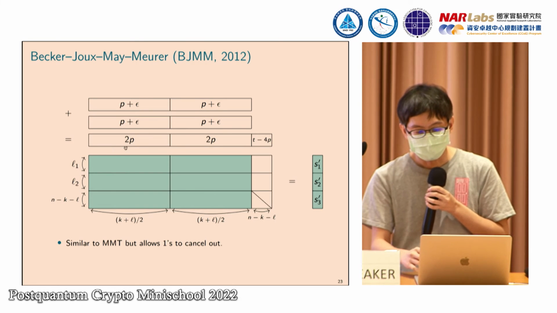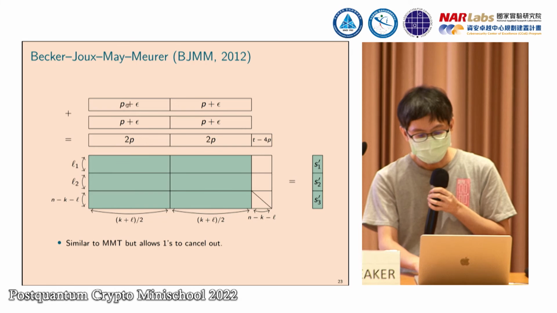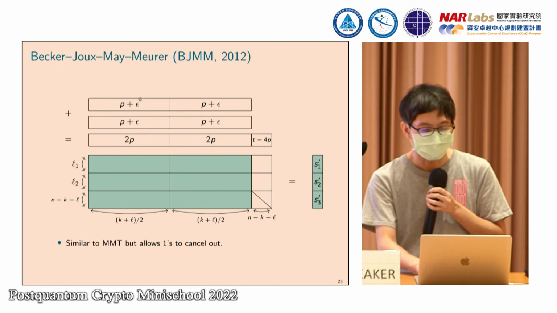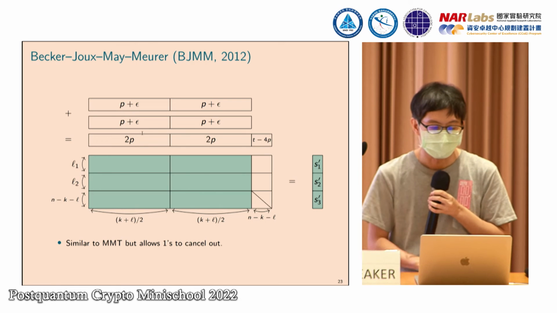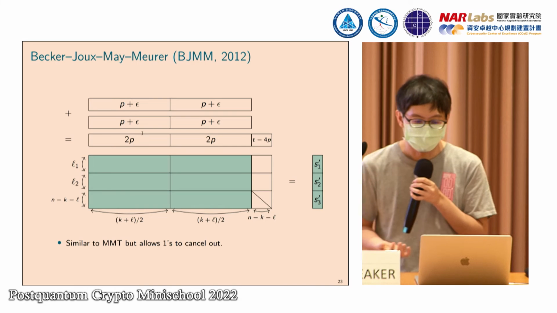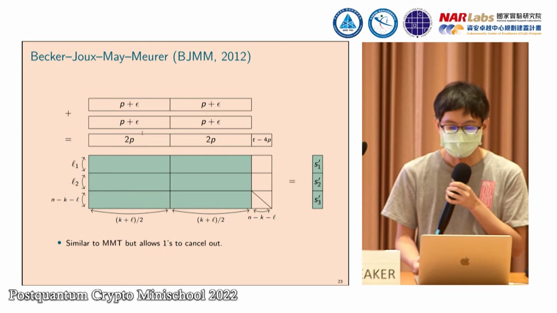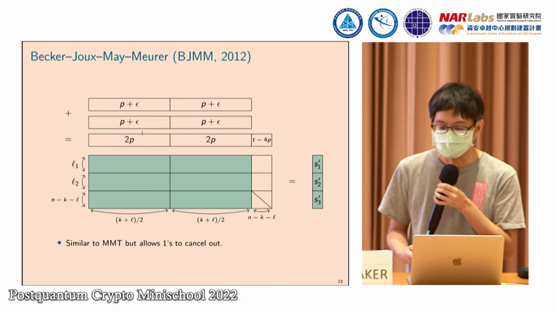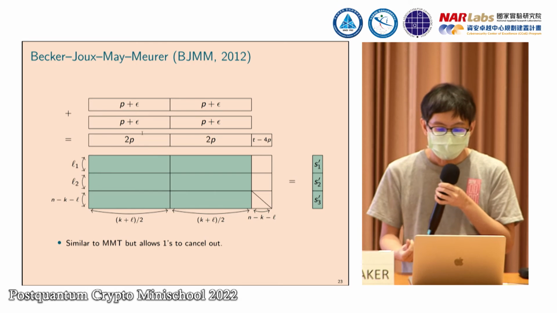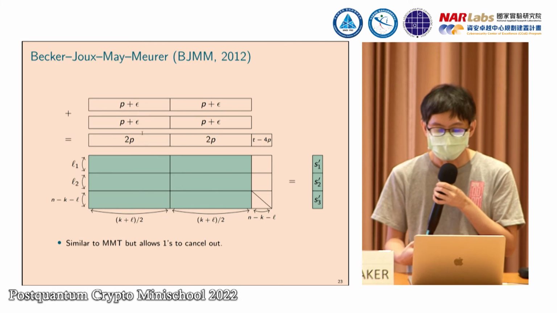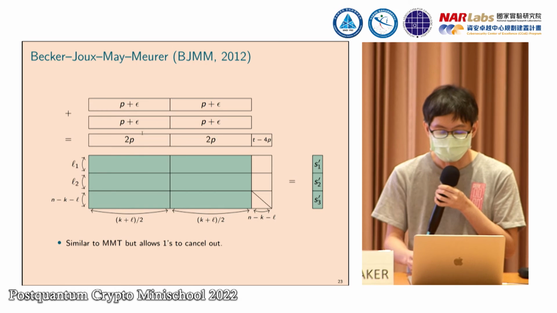And when you try to add this part to this part, you allow this part of alpha errors to cancel out. And somehow magically this brings some advantage in terms of complexity. If you don't really understand this, I think it's very normal because things are getting very non-trivial in this case.